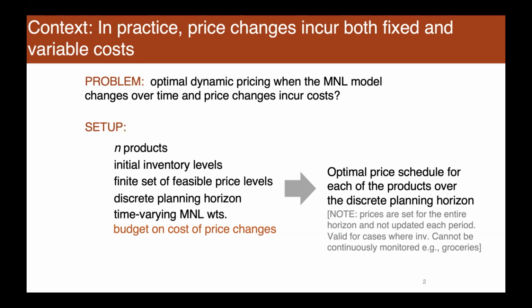This makes sense if I have the ability to monitor inventory constantly. So after, let's say, one week or one time period, I update my inventory levels and solve the DP, and then I have the policy corresponding to the DP. The output of this, in fact, is not a policy like in a DP setting, but rather a fixed assignment of prices to each of the products in each of the time periods.